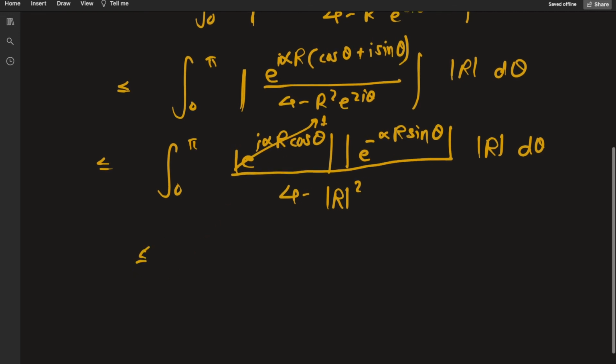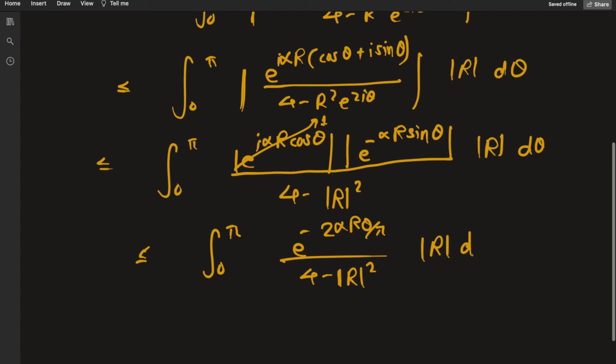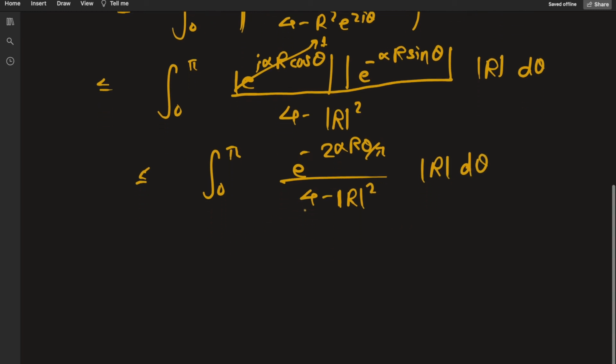And for this other guy, we can use Jordan's inequality. We get e to the negative 2 alpha r theta over pi, divided by 4 minus mod r squared, mod r d theta.